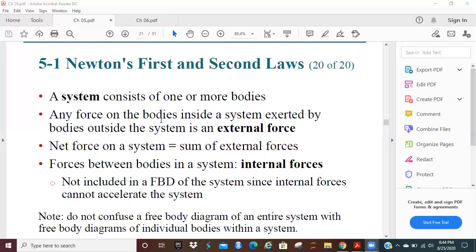Forces between bodies in a system are considered internal forces. In other words, if you're part of the group already, that's an internal force, an internal dynamic. If you're coming in from the outside and you're exerting a force, that's considered external.